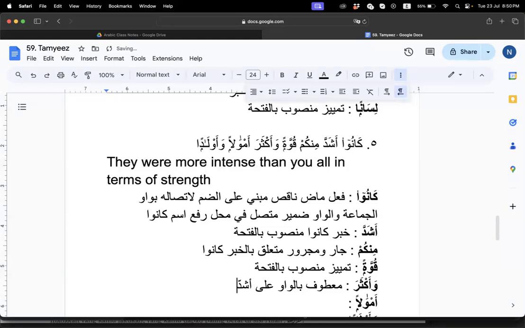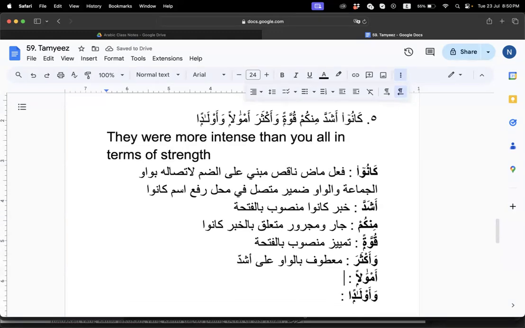And aksaru is what, this one? This is a fi'l? You said ma'tuf. This one is ism. What kind of ism? Aksaru. Ism tafdil. Yes. So that tells you amwalan must be tamyiz, mansub bil fathah. Yes.